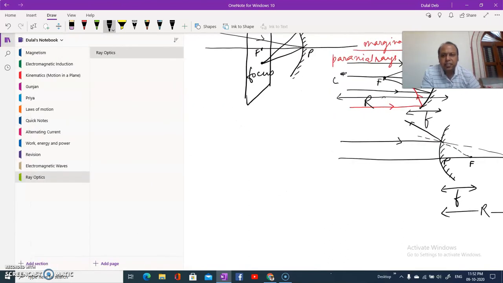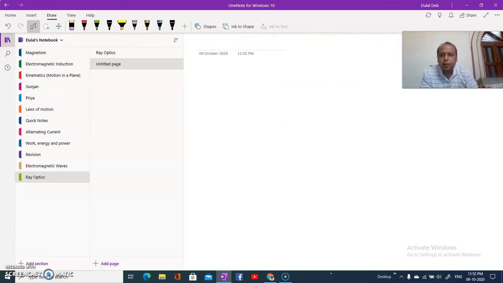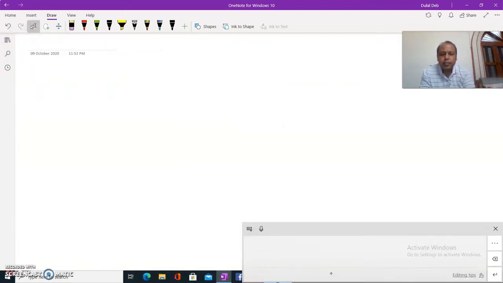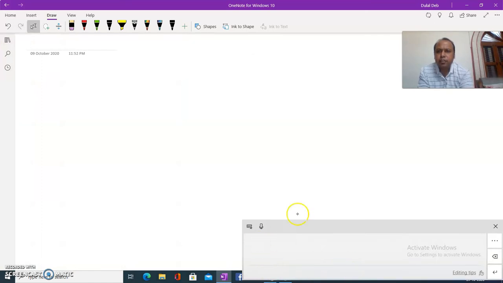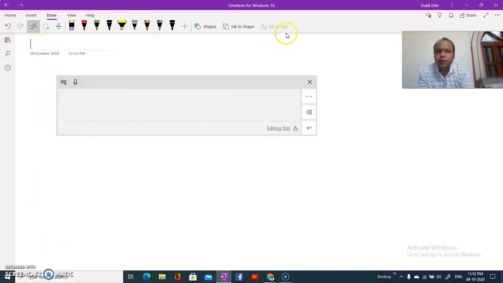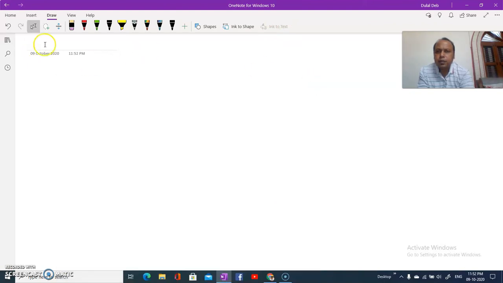We take a new page here, and the topic is here we are going to prove that F is equal to R by 2.